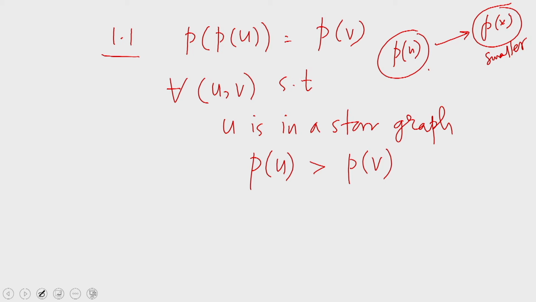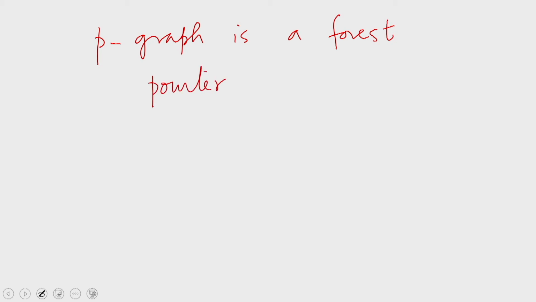So, this invariant is always maintained. Therefore, the P graph, the graph defined by the P pointers, is always a forest. Therefore, pointer jumping defined on this is a valid operation.